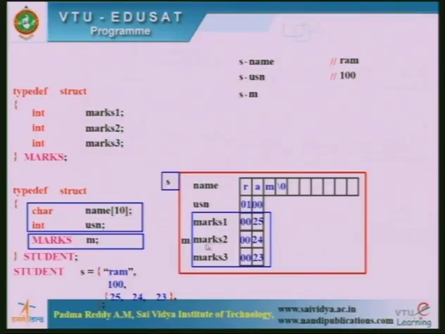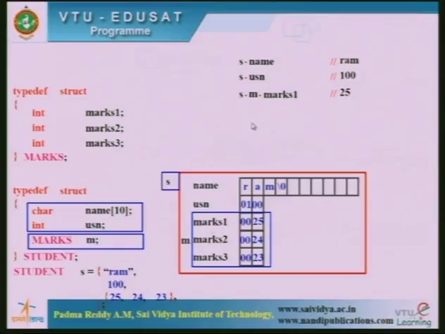So using m, how can you access marks 1? Again you have to use the dot operator here. So what should I write here? Dot followed by what? marks 1. Now what is s dot m dot marks 1? We get 25. Next, to access field marks 2, what do you have to write? s dot m dot marks 2.